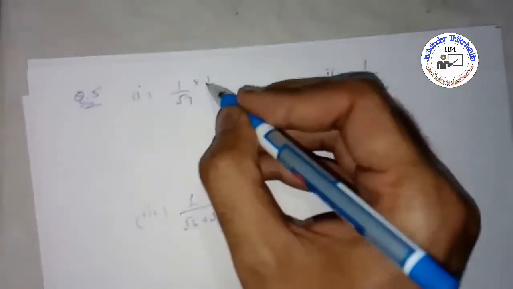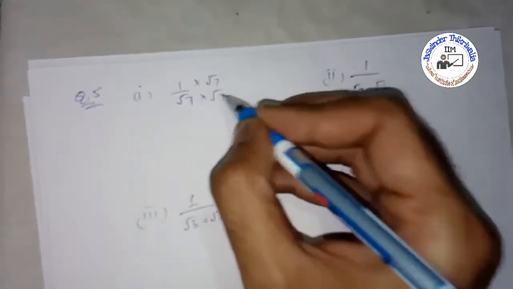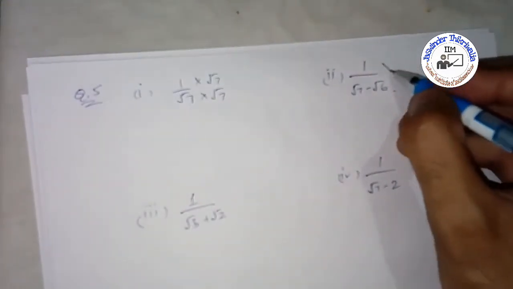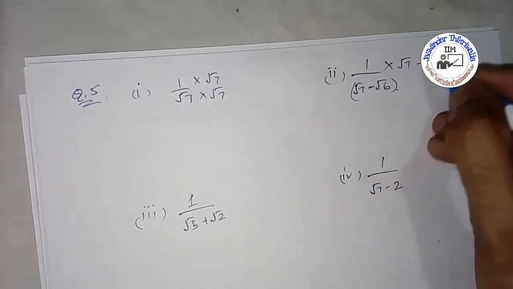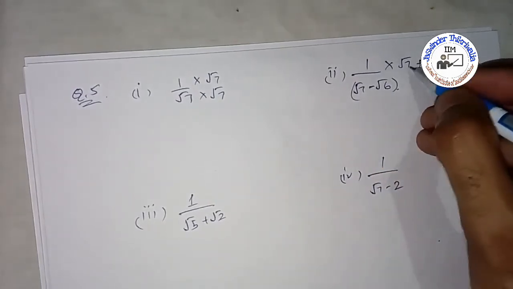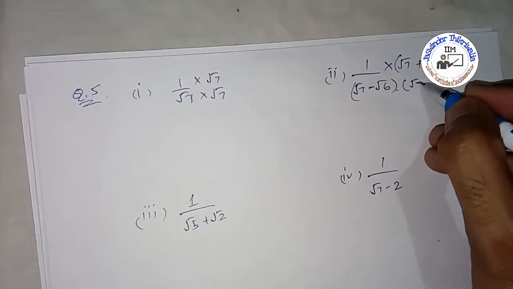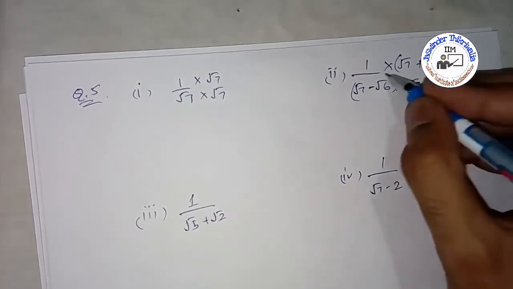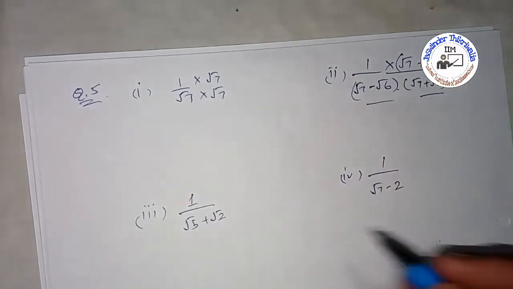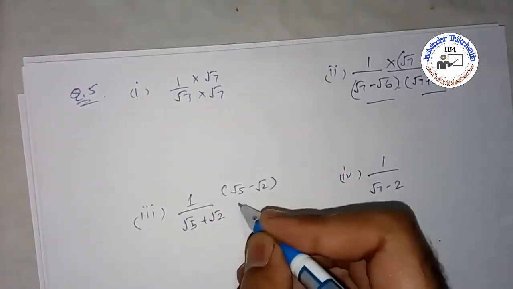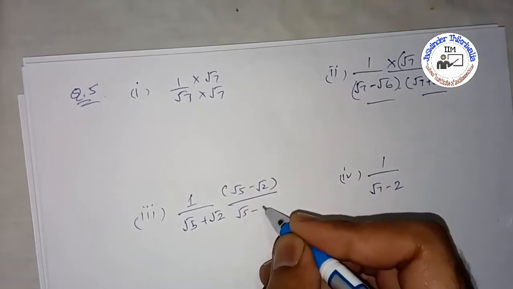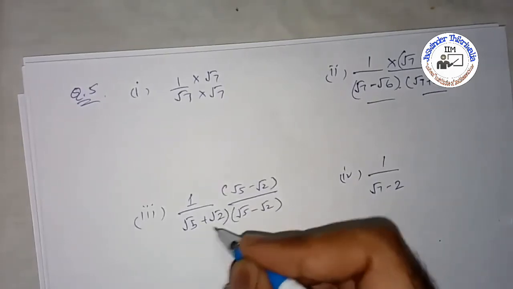This one, multiply with root 7 and root 7, solve it, you will get your answer. This one, you will multiply with root 7 plus root 6, changing the sign, okay, in the numerator also, in the denominator also. Then you simplify yourself by applying the identity. Then here also change the sign, then multiply in the denominator and in the numerator, okay, as well.